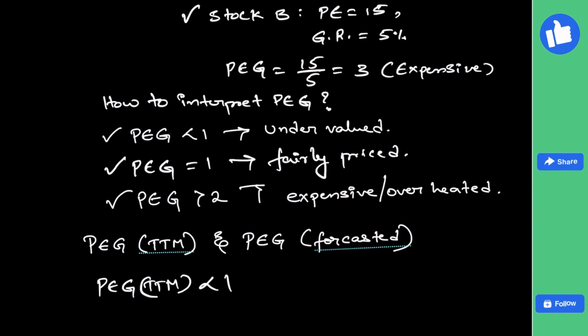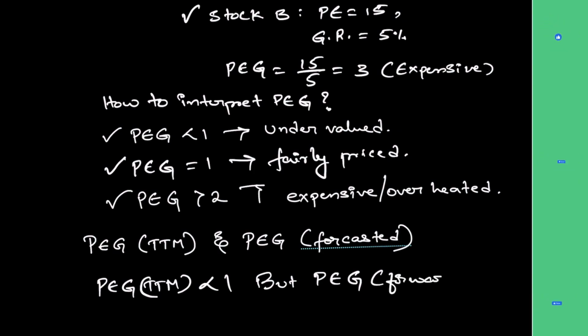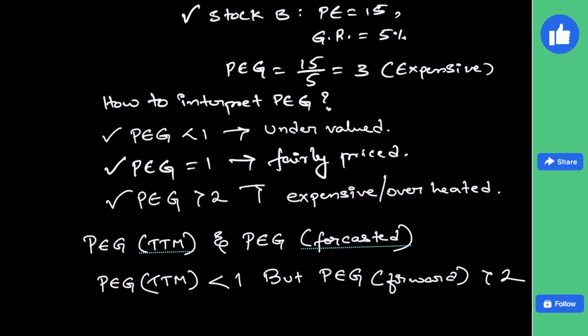Now suppose PEG forecasted, or forward, is greater than 2, then we have to consider that the forward earnings are not going to be as per the past growth rate. So we should consider that the stock might not perform the same. Always look at the forward, because you are investing today based on forward expectations. That is the usefulness of the PEG ratio.